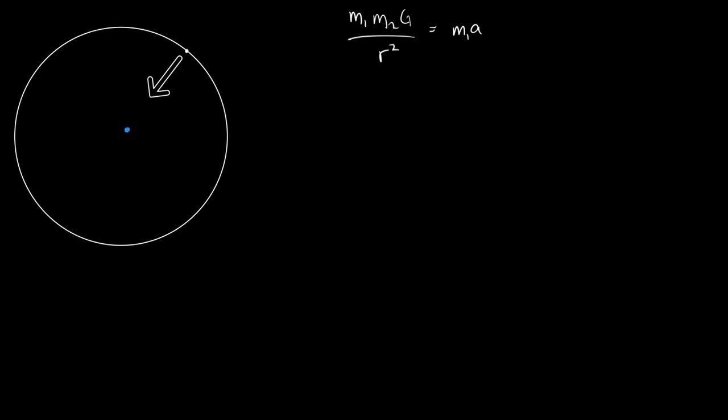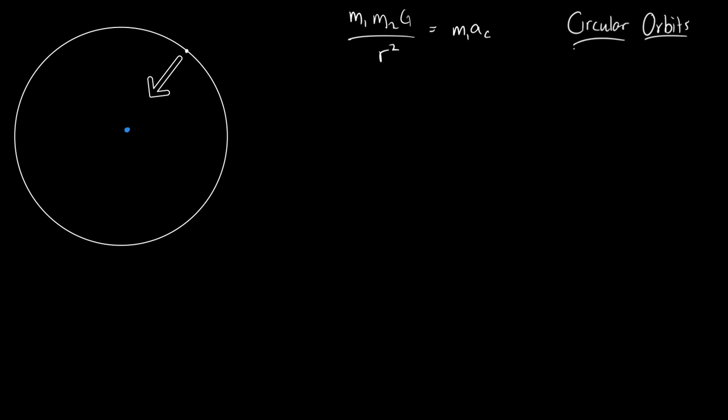Second, because it's traveling in a circular path, we have math to back up what the acceleration must be for an object in orbit. So, for the time being, we're going to focus on circular orbits because we can do a good job of mathematically describing circular orbits.